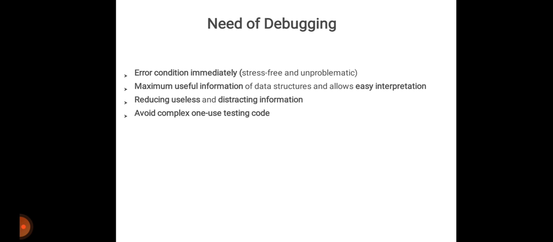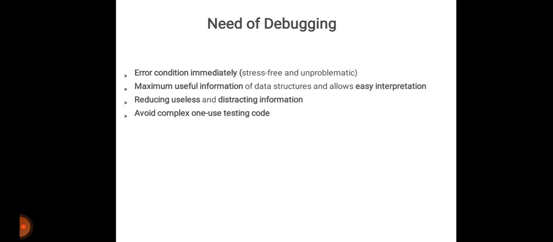So debugging assists the developer in reducing useless and distracting information. Also, through debugging, the developer can avoid complex, one-use testing code. Means it saves time and energy in the software development process. Due to that, we need the debugging process for our code or program.